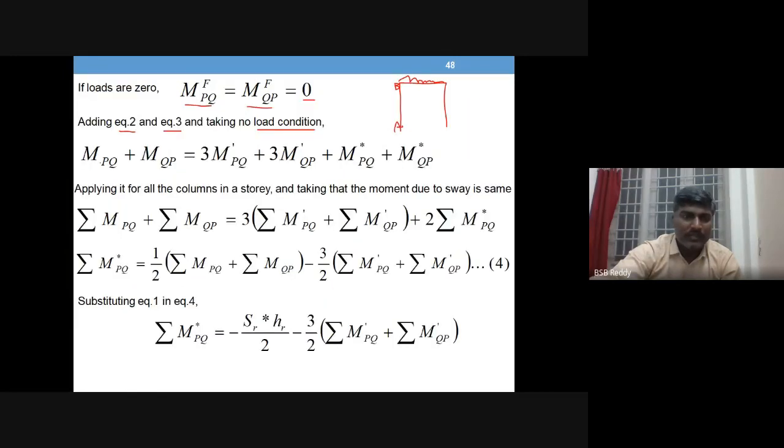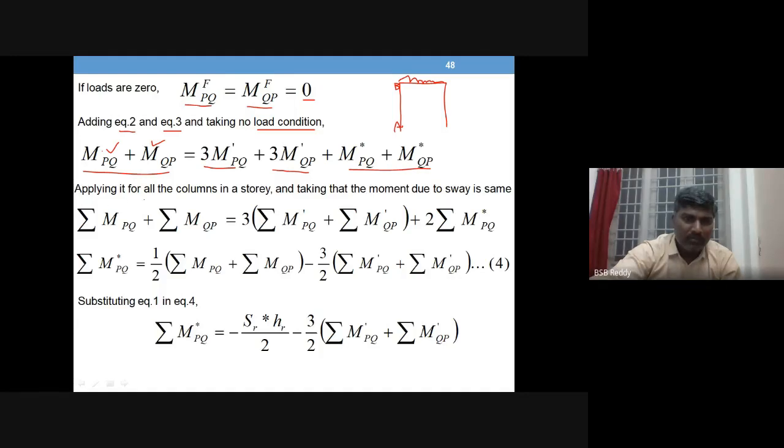So that is written here. So these are the sum of end moments, top end moment, bottom end moment, 3 times top end rotation contribution, 3 times bottom end rotation contribution, and this is the sum of sway moments, top and bottom.